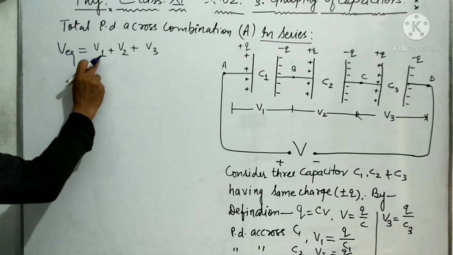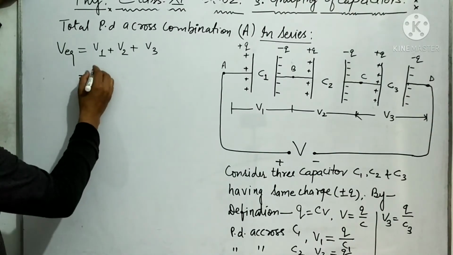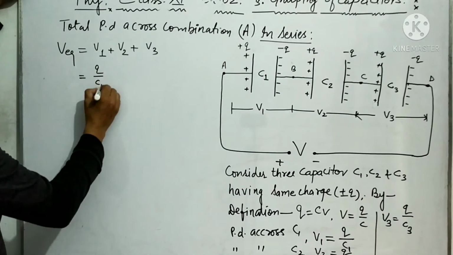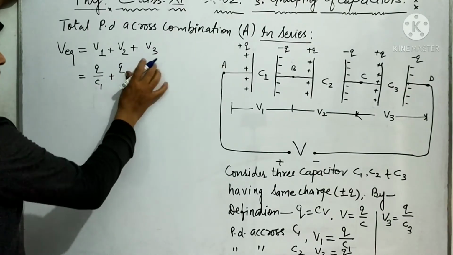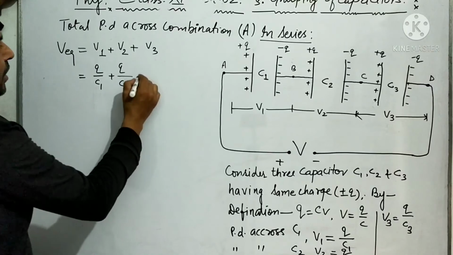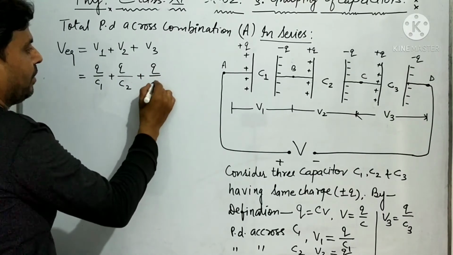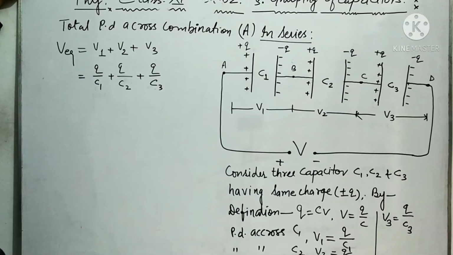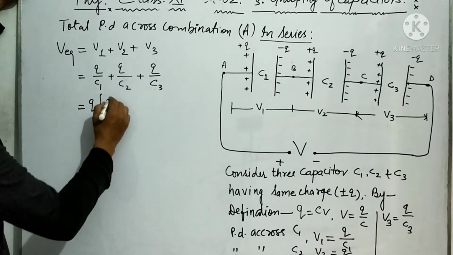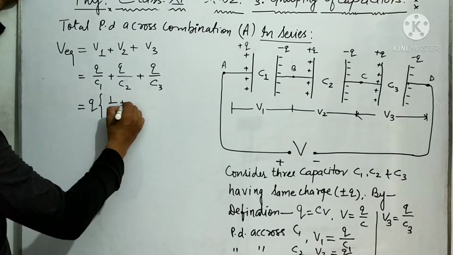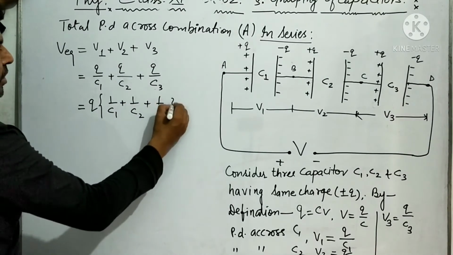Substitute the value of V1, V2 and V3 from here. That will be Q over C1 plus Q over C2 plus Q over C3. No problem? Yes. Take Q common from each step: Q times (1 upon C1 plus 1 upon C2 plus 1 upon C3).